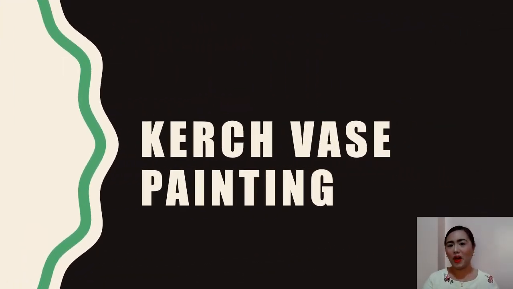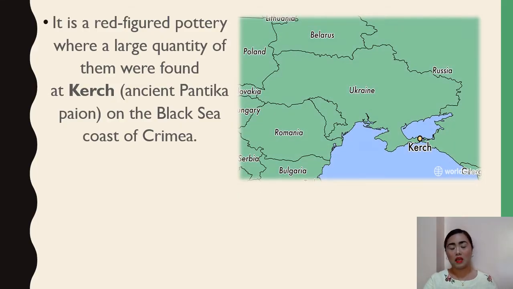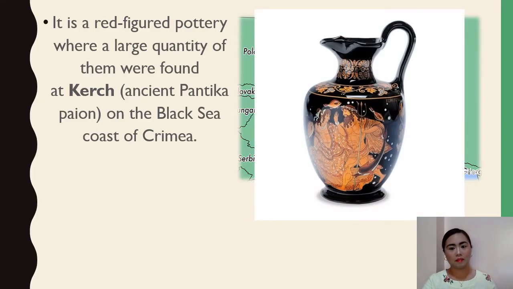Let us start with the very first example of Greek period art, and that is the Kerch vase paintings. Now, Kerch vases are red-figured pottery, wherein a large quantity of them were found at Kerch on the Black Sea coast of Crimea. Now, this is your example of a Kerch vase pottery.